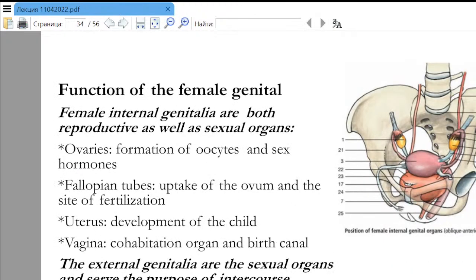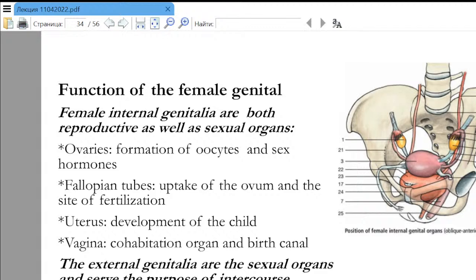Function of the female genitalia. The female internal genitalia are both reproductive as well as sexual organs. Ovaries: formation of the oocyte and sex hormones. Fallopian tube: uptake of the ovum and the site of fertilization.